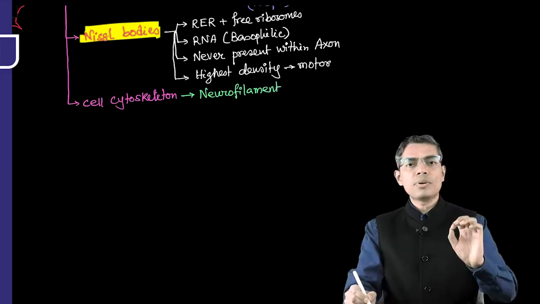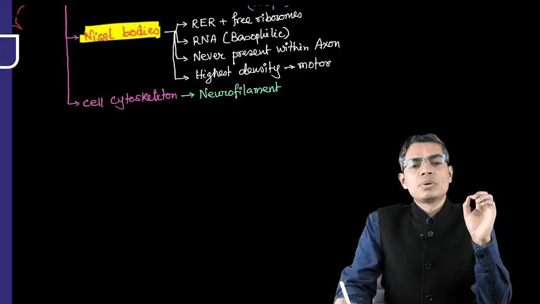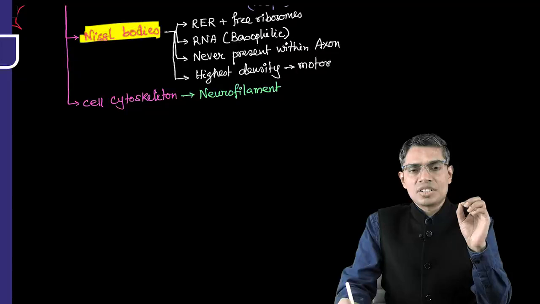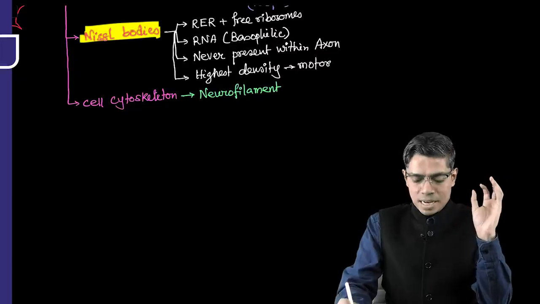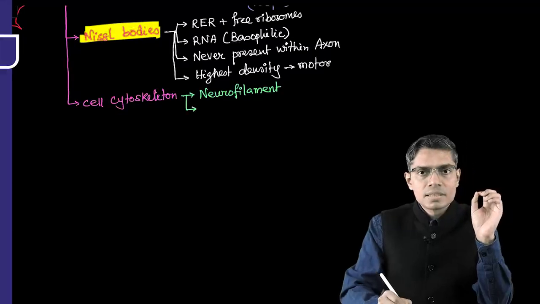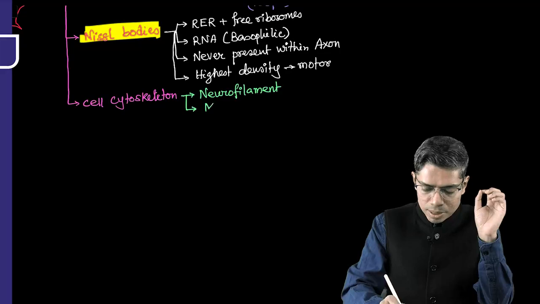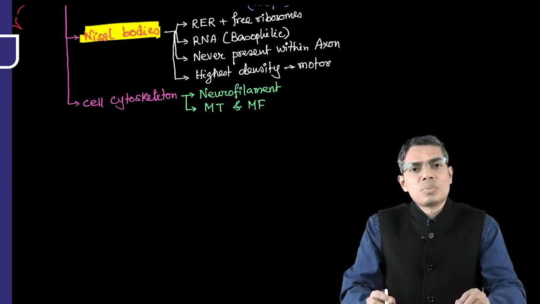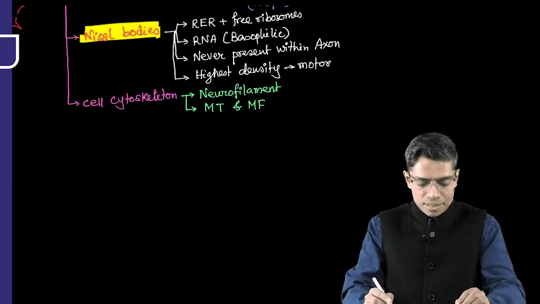This neurofilament is responsible for maintaining the size and shape of a neuron. That's why you have to remember neurofilament. Apart from that, the normal cell cytoskeleton, like microtubules as well as microfilaments, are also present inside the cytoplasm of the neuron.